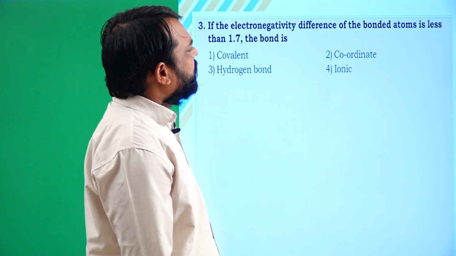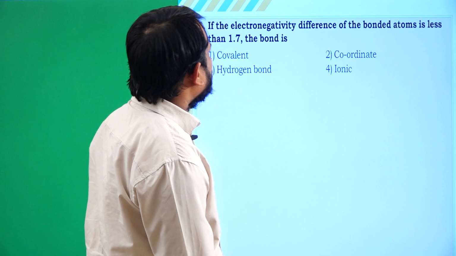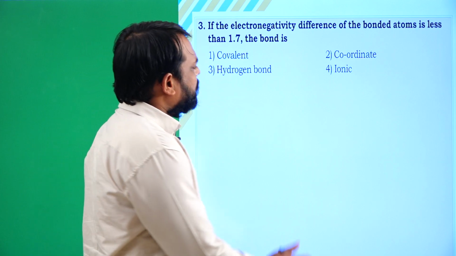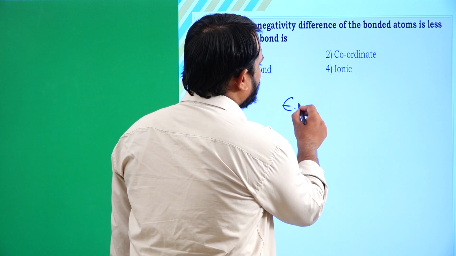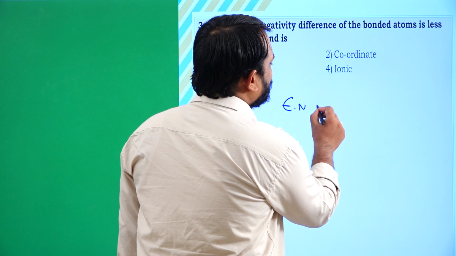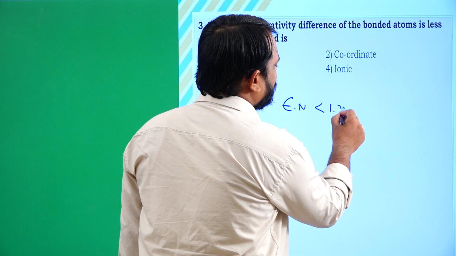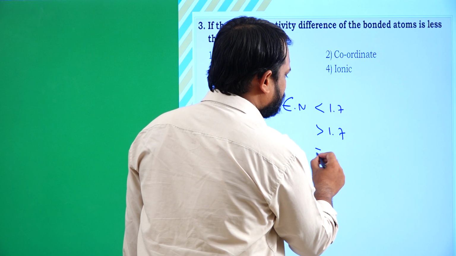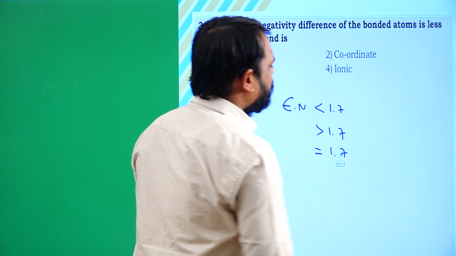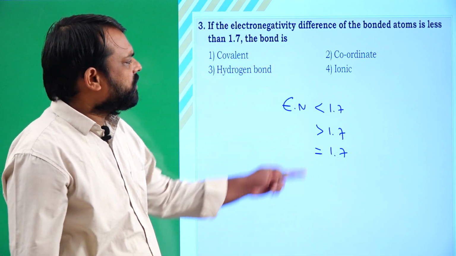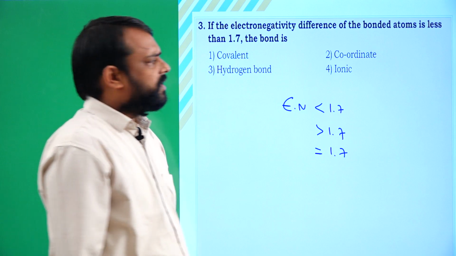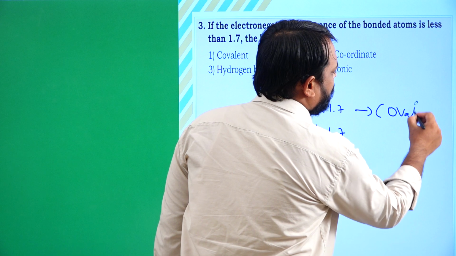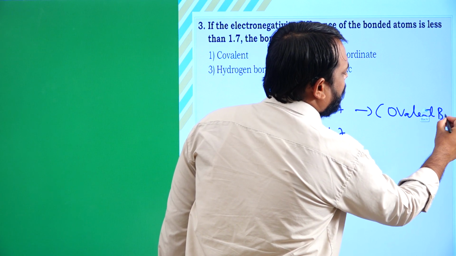If the electronegativity difference of the bonded atoms is less than 1.7, then the type of bond is. If it is less than 1.7, the type of bond formed is covalent bond.